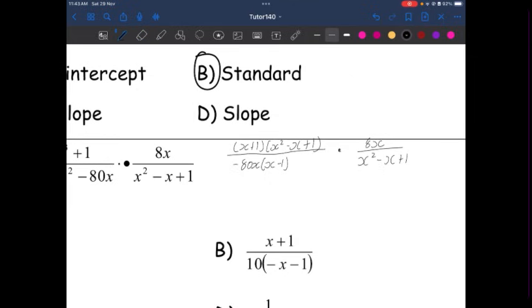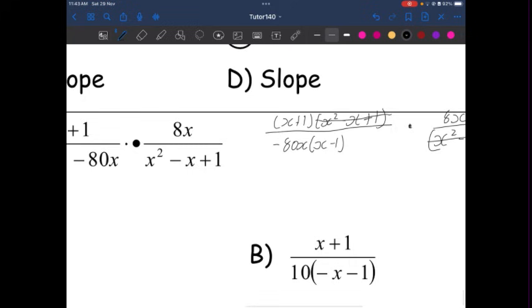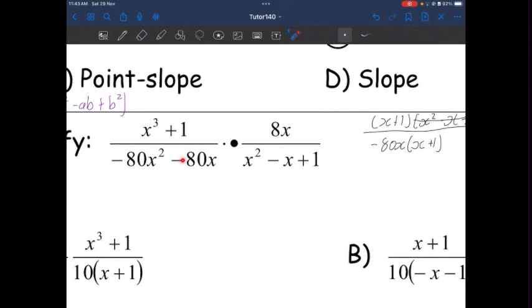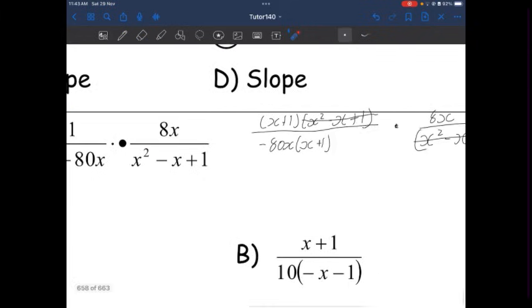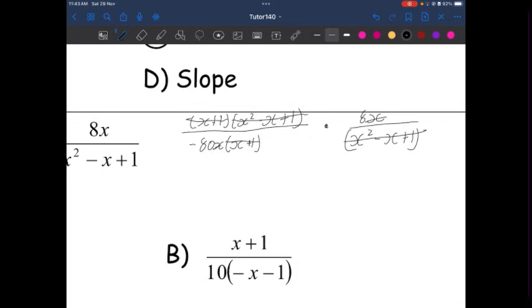Now we could cross out and cancel. So we could cancel this. It's supposed to be x plus 1. When I factor out the negative 80, I divided this by negative 80, and that became a positive. So x plus 1, these would cancel. The x's would cancel.